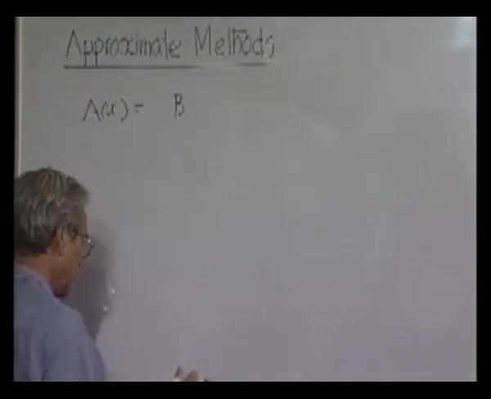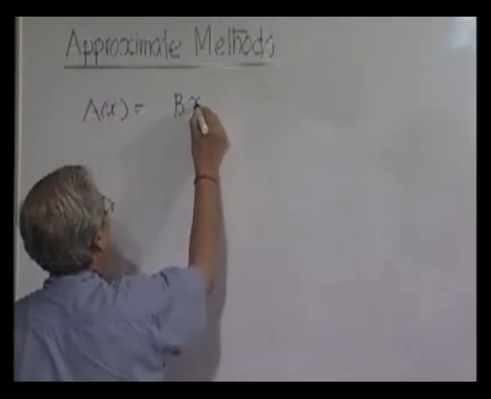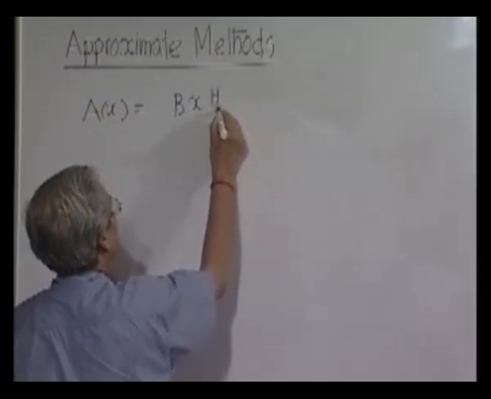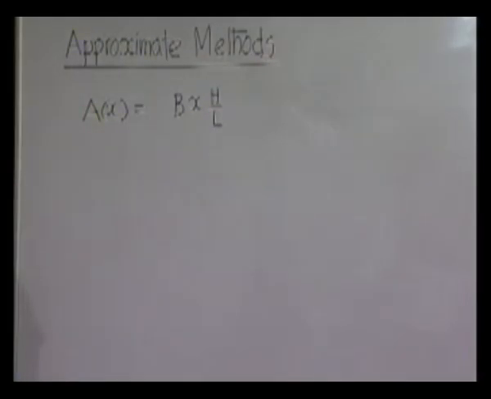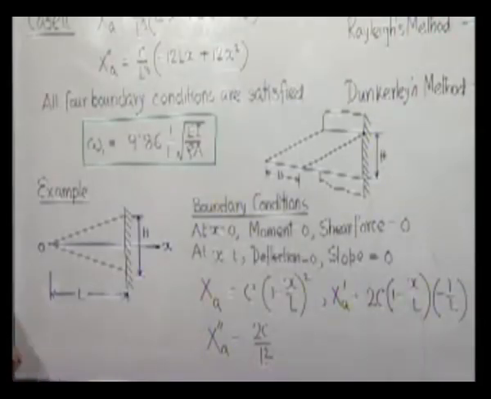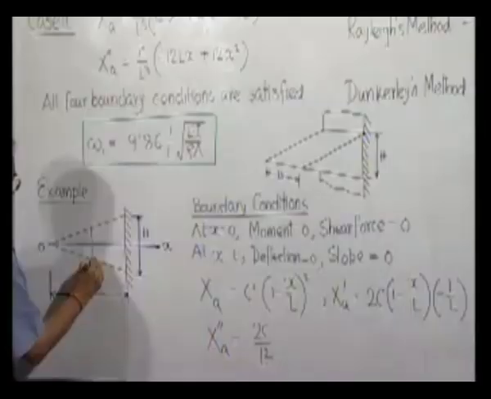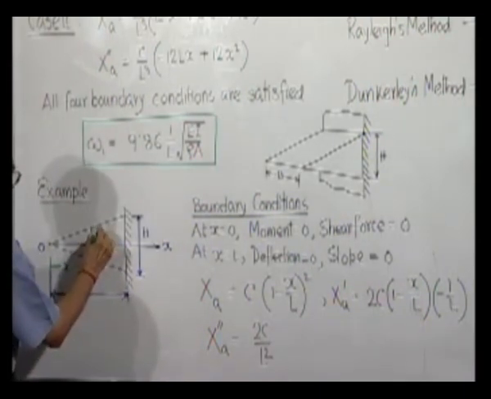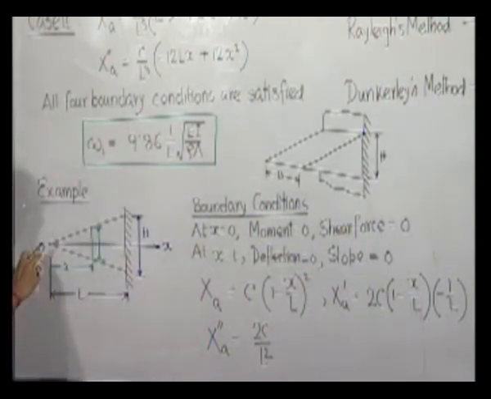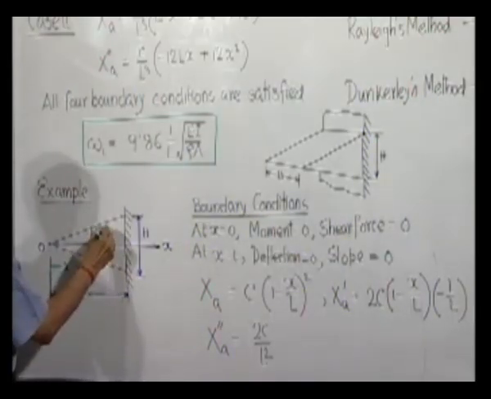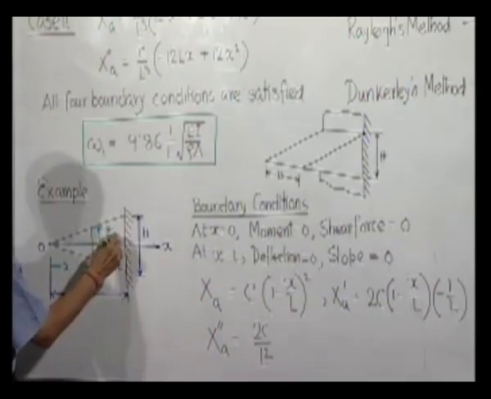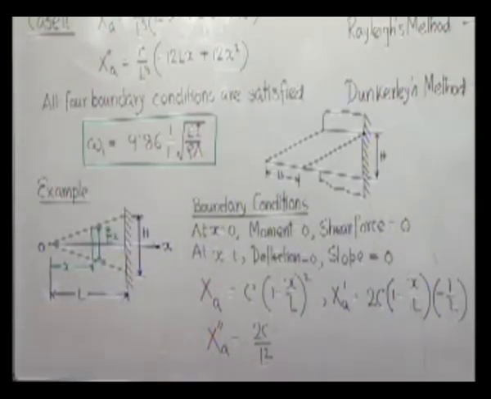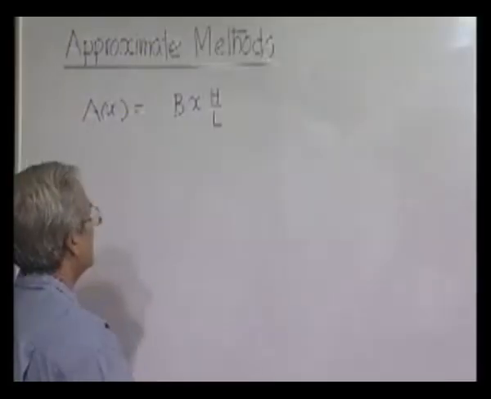Depth will be x into h by L. That means if we go here, this will be linearly at x is equal to L, depth is h. So at x is equal to x, this will be h by L into x. And if the width is B, then we just multiply by B. So this is the cross-sectional area.